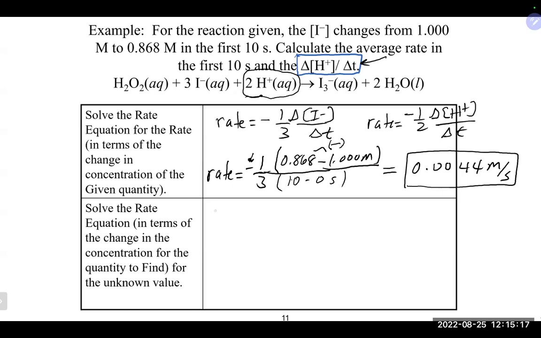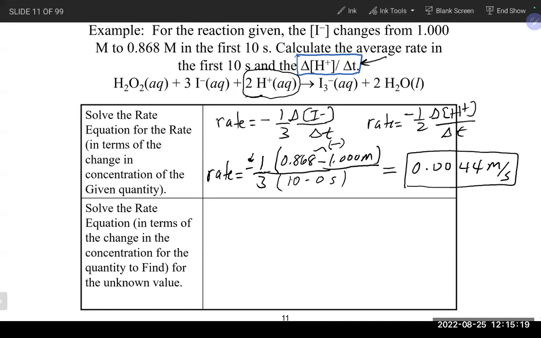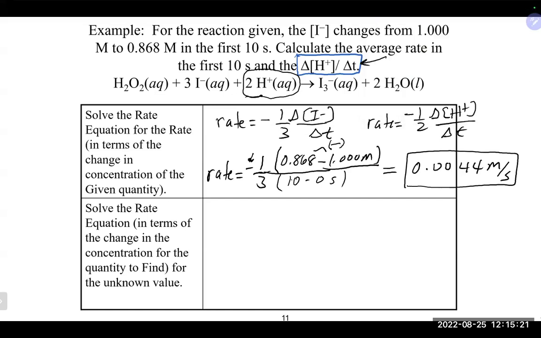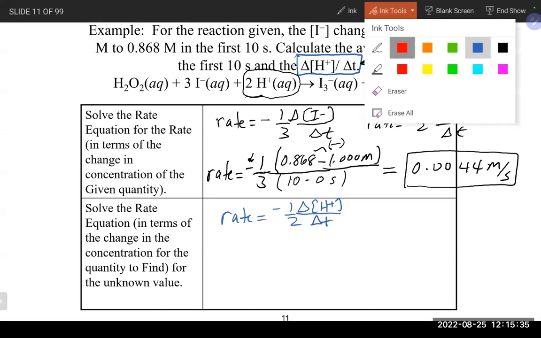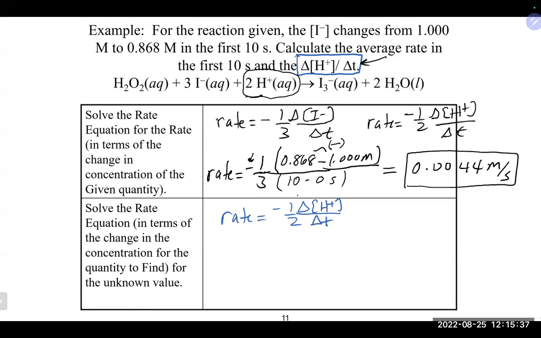So if we look at our rate expression for the H plus, the rate is equal to -1/2, change in the concentration of H plus over the change in time. We are essentially looking for that part, which means the only thing we really need is the rate.